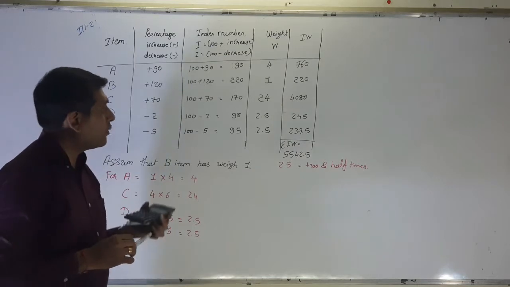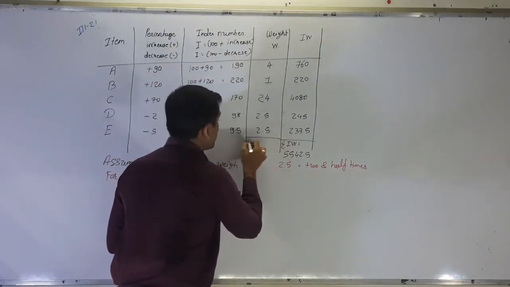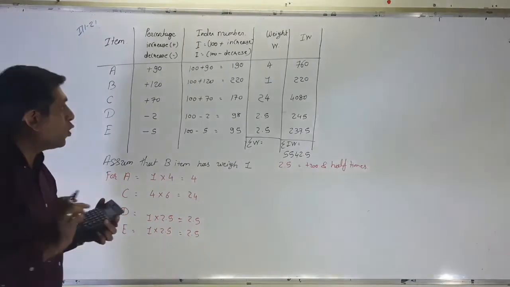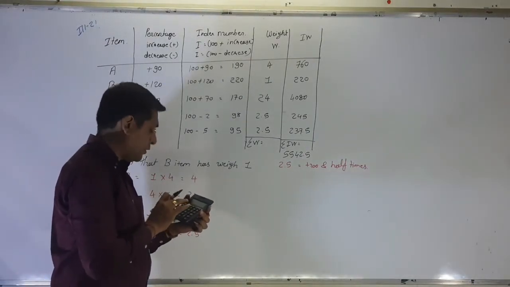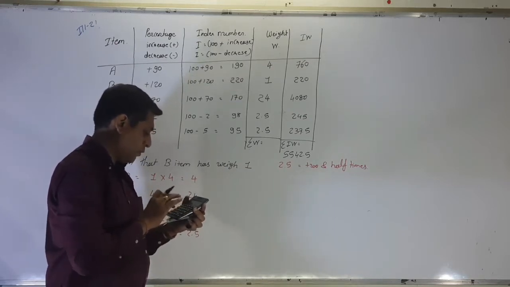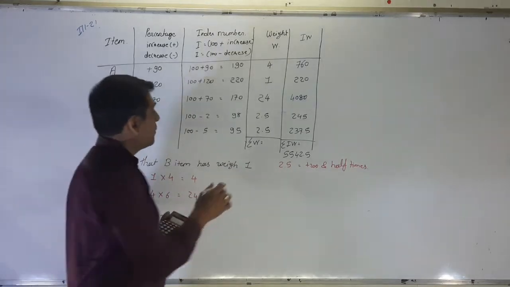This is your total of sigma IW, and what is the total of sigma W? Make the total here because we want IW upon W. So the total is 4 plus 1 plus 24 plus 2.5 plus 2.5, that is 34.